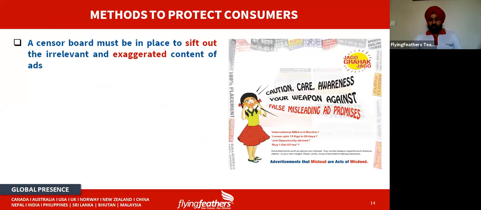A censor board means a board of people is prepared to check the advertisements. Sift out means to remove the irrelevant, the advertisements that have no benefit, and exaggerated content of ads.